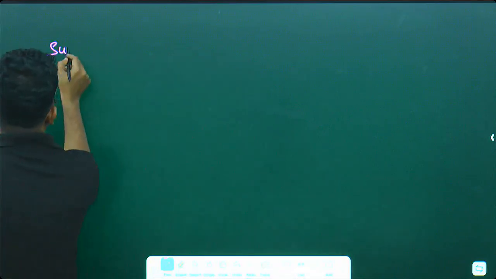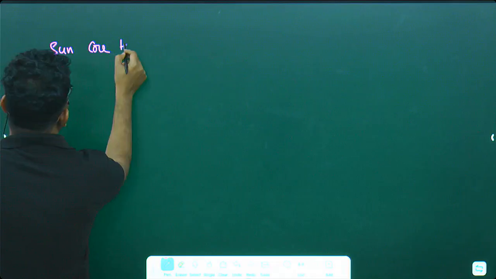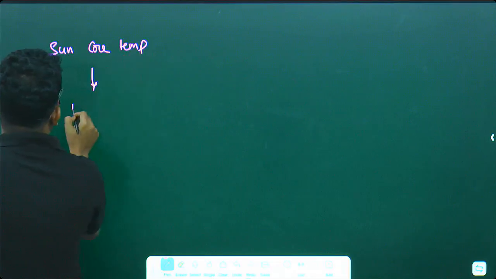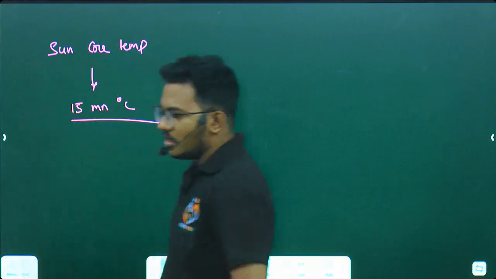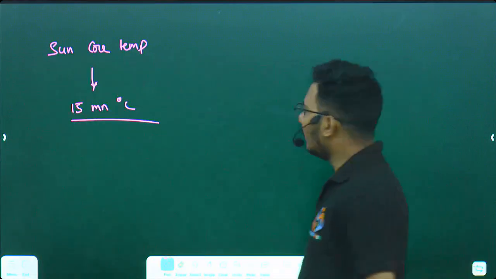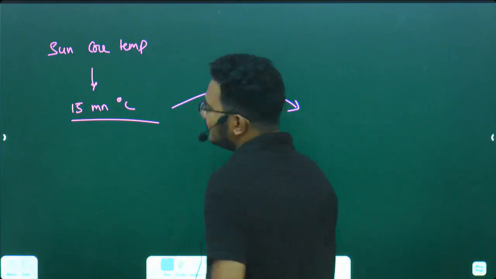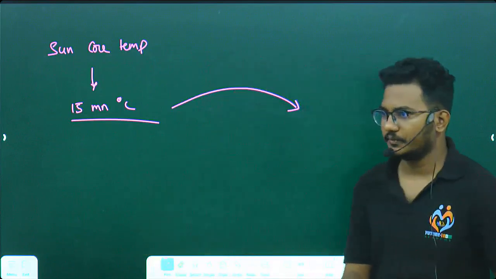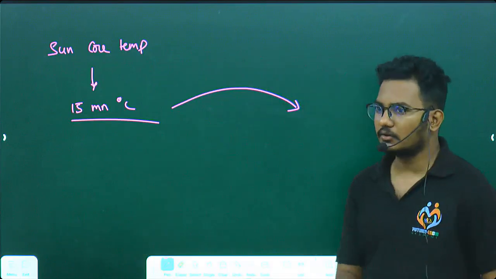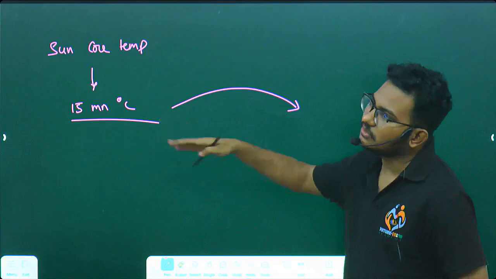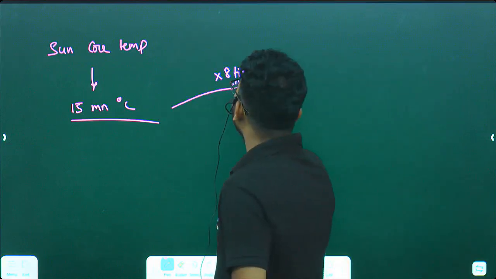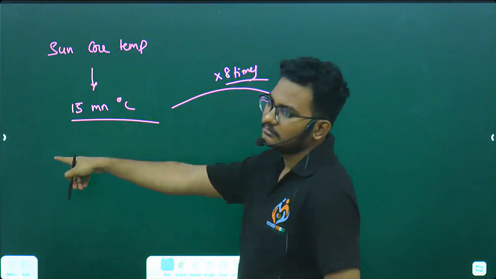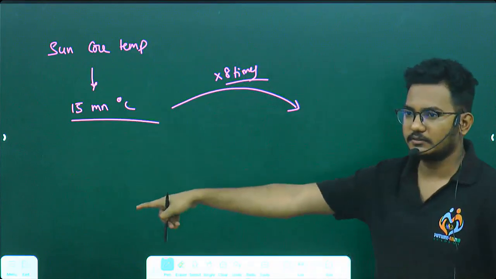The sun's core temperature is 15 million degrees centigrade. Once the fusion process starts, the reaction is uncontrollable. Sometimes it reaches higher levels as well. That's the reason China created a temperature which is 8 times the sun's core temperature.